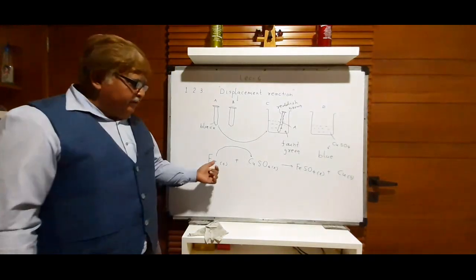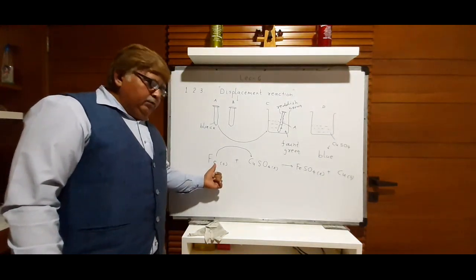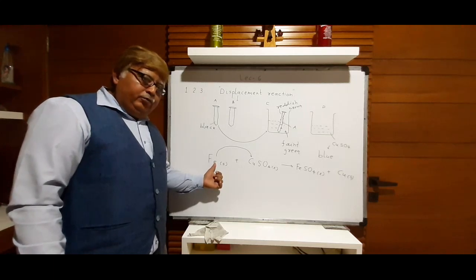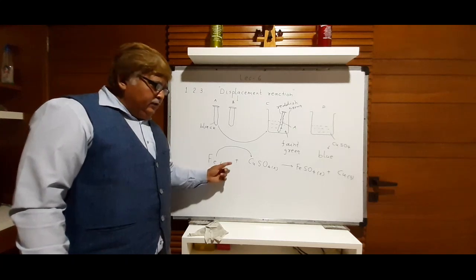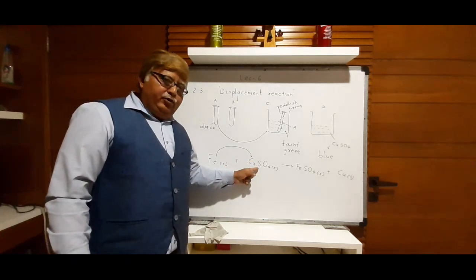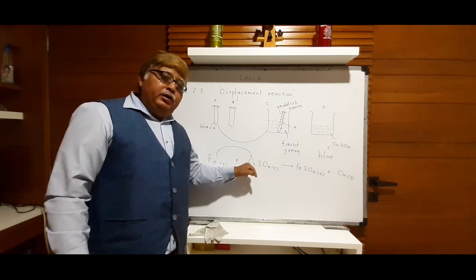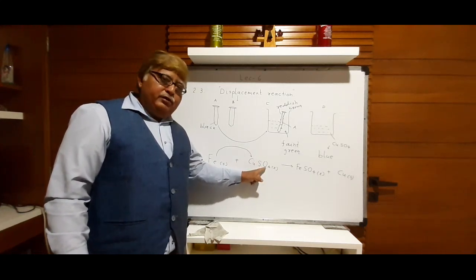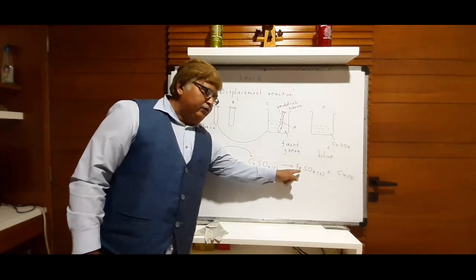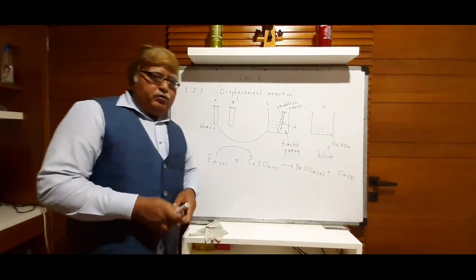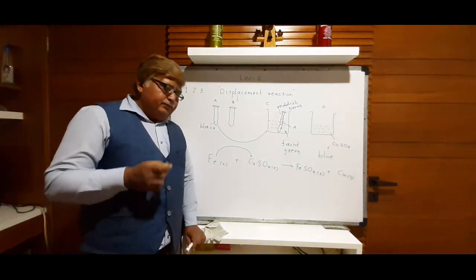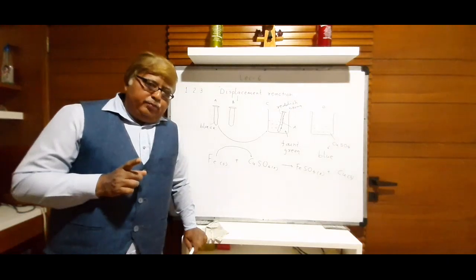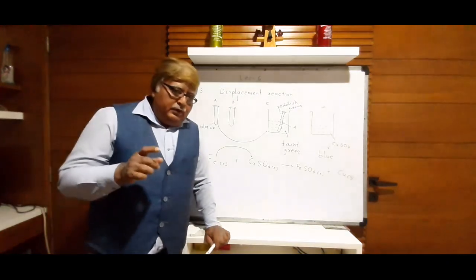So actually what happened here? The more reactive metal, iron, displaced the less reactive metal, copper, from its compound, from its solution, copper sulfate, and formed iron sulfate, ferrous sulfate, as copper is displaced. So you can call it single displacement reaction.